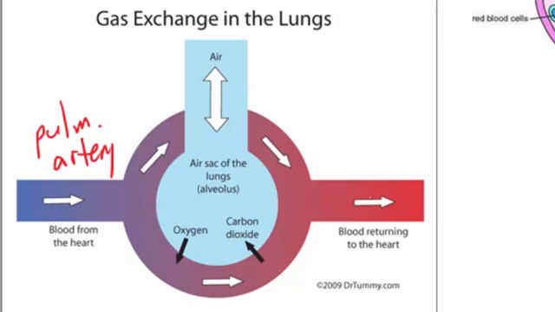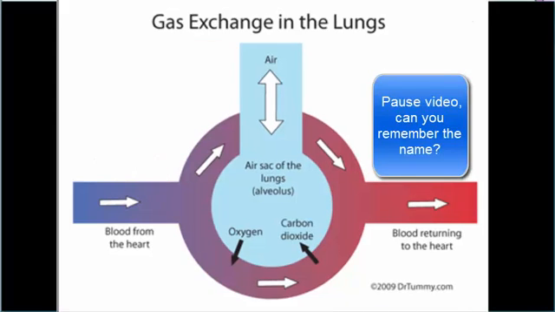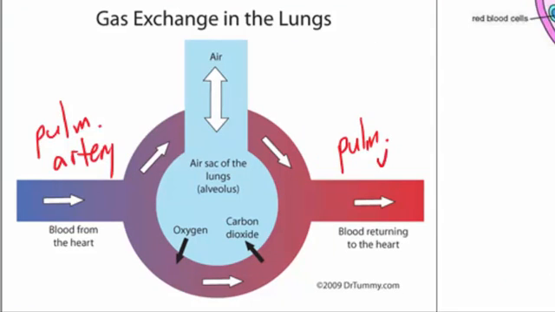And then it flows back towards the heart over here, and this is the pulmonary vein where the oxygen concentration is high.